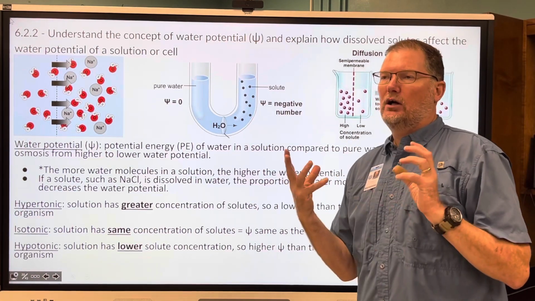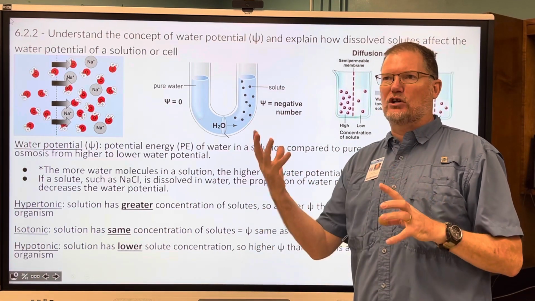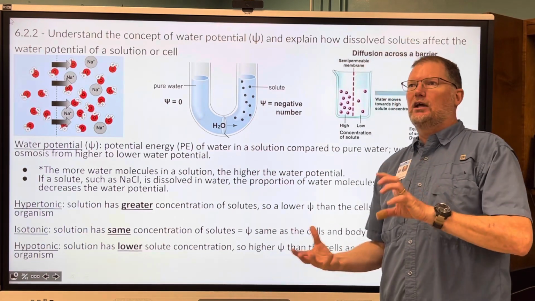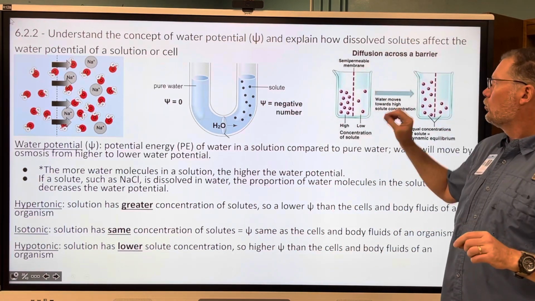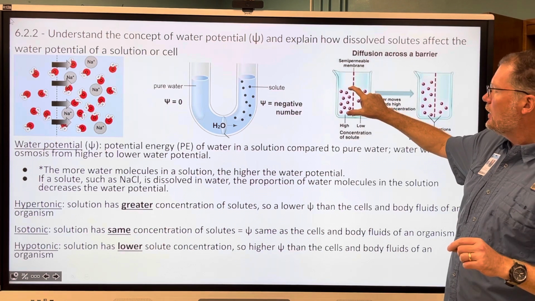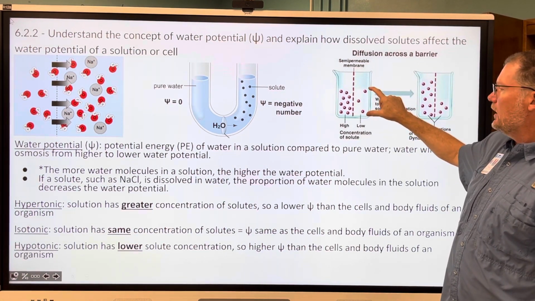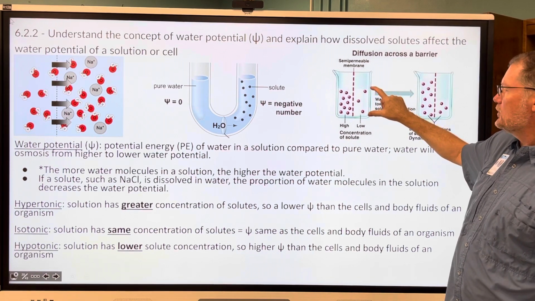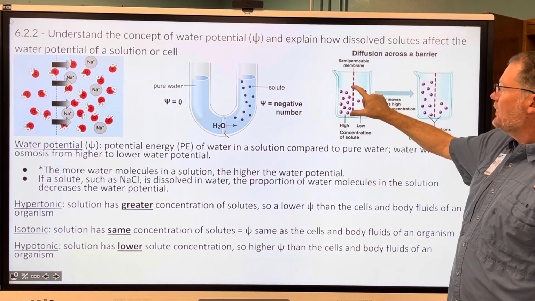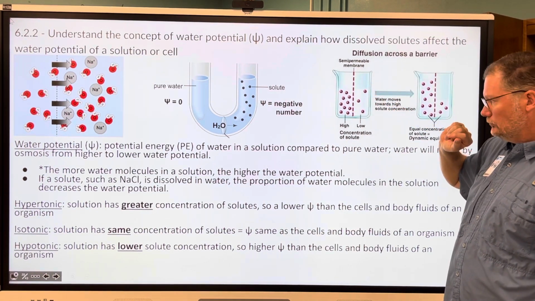So if you have a higher concentration of solutes in one container or one side, this one's going to be a higher water potential than that one, okay?